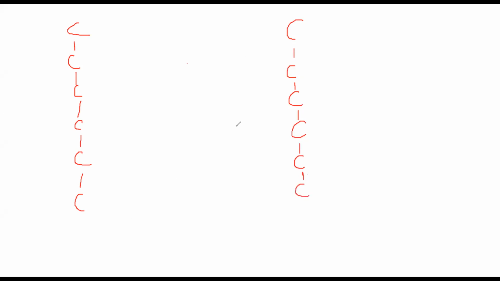So if you can see, we are starting off with the same structure, right? The skeleton has 6 carbons. Here I'll draw glucopyranose. All right, how it goes is you have H, OH, OH, H.